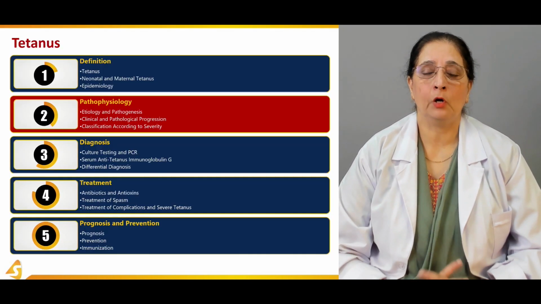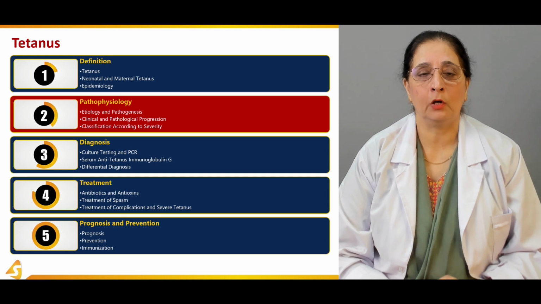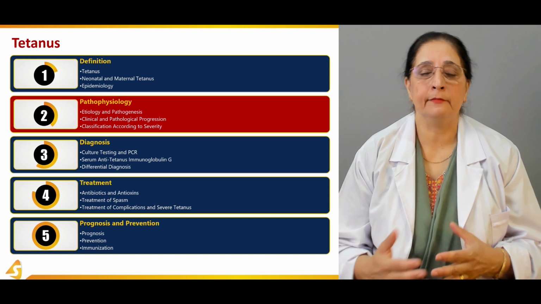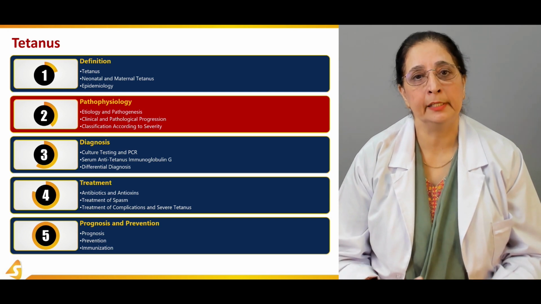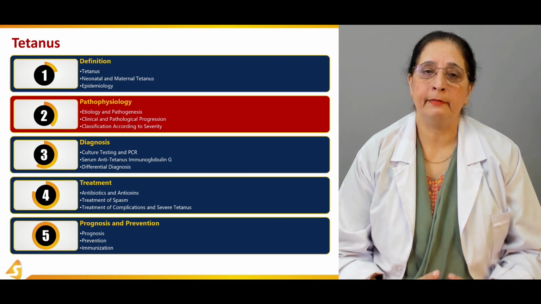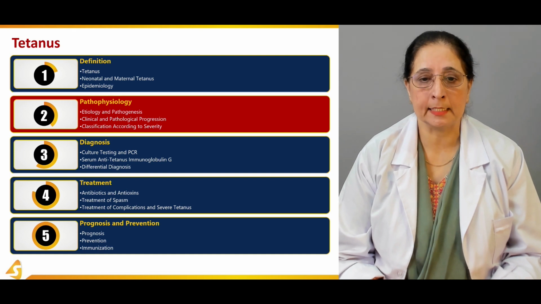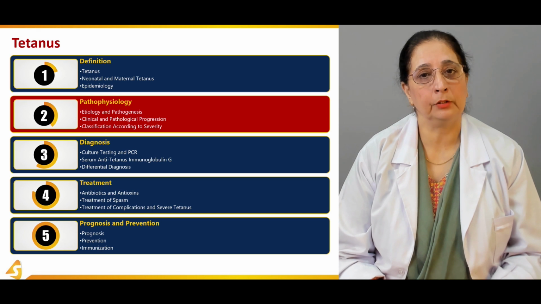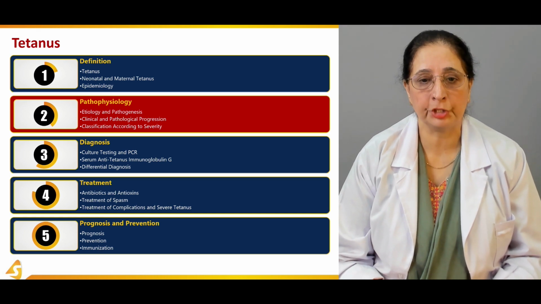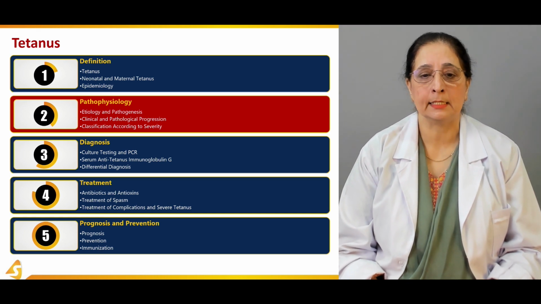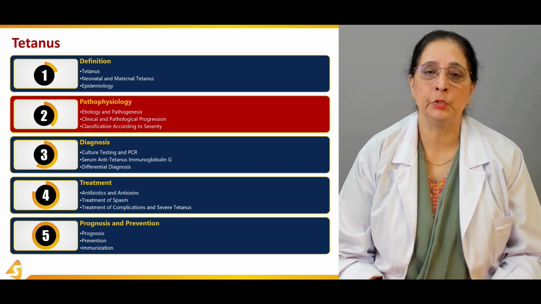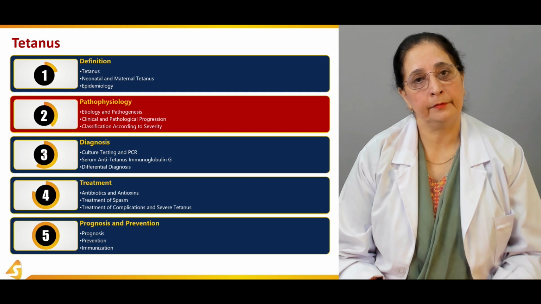In this, we will talk about the etiology, some characteristics of the causative organism, which is Clostridium tetani, and then we will talk about the pathogenesis. Also, we will discuss the clinical and pathological progression of tetanus and the classification of tetanus according to the severity of the illness.